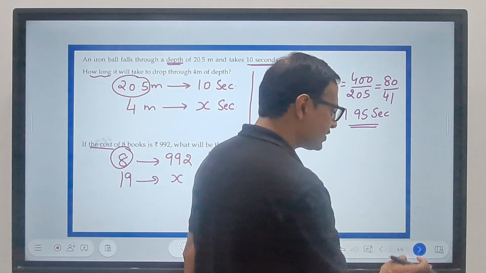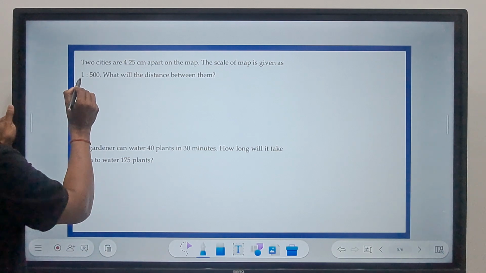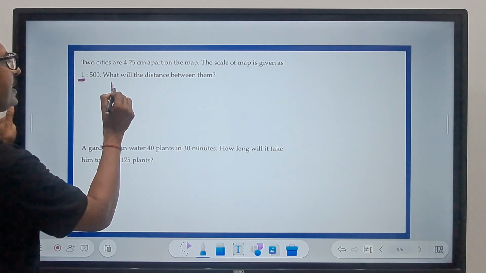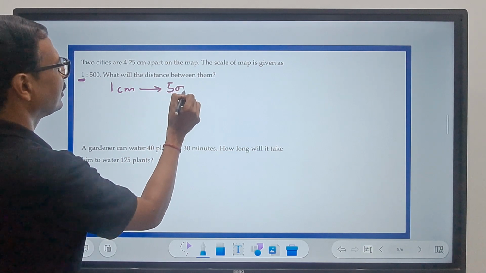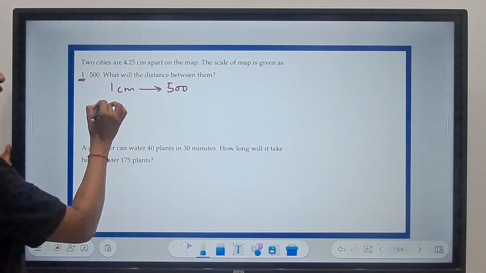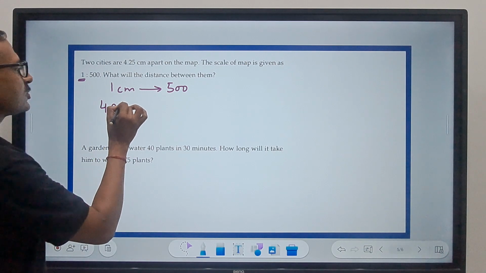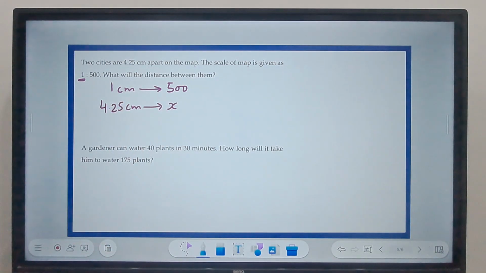Let's see 2 more questions of direct variation. Here we have a distance of 1 centimeter corresponds to 500 on the map. So a distance of 4.25 will correspond to what? So we have to find that.